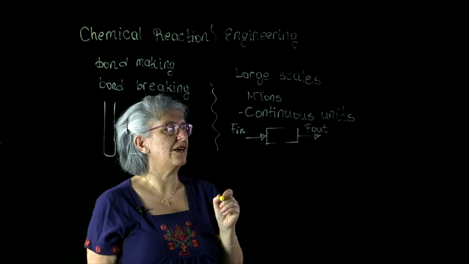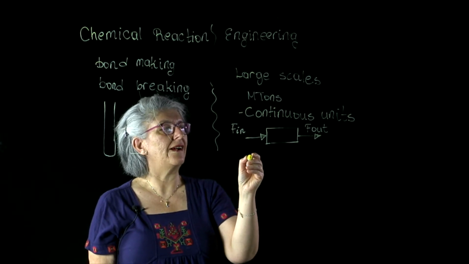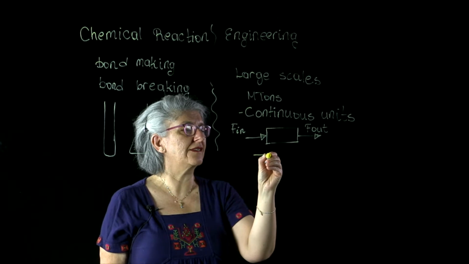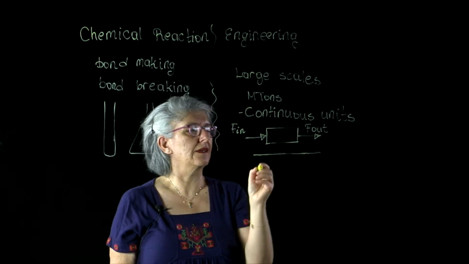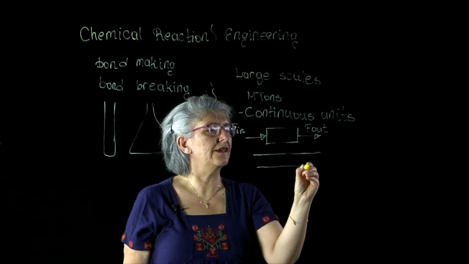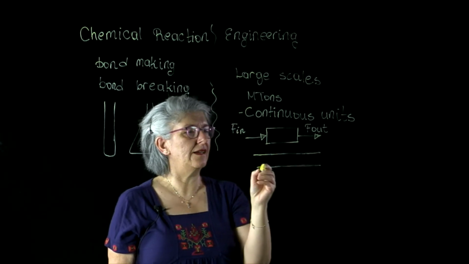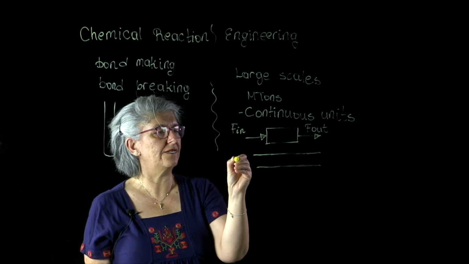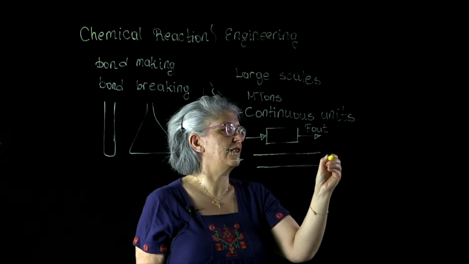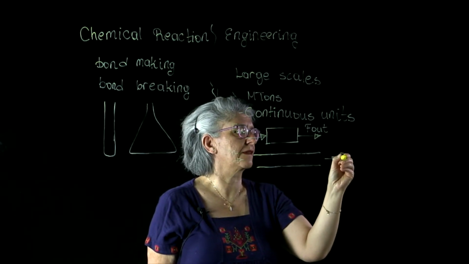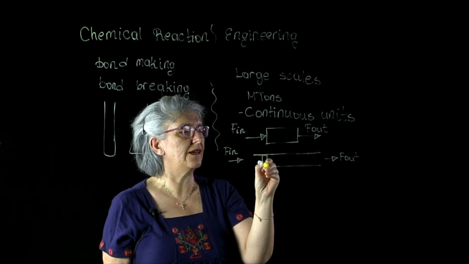Now, those continuous units are in an undergraduate chemical reaction engineering course classified as plug flow reactors, where we have a tubular domain where feed enters and the product leaves, and we have no radial mixing in the reactor.